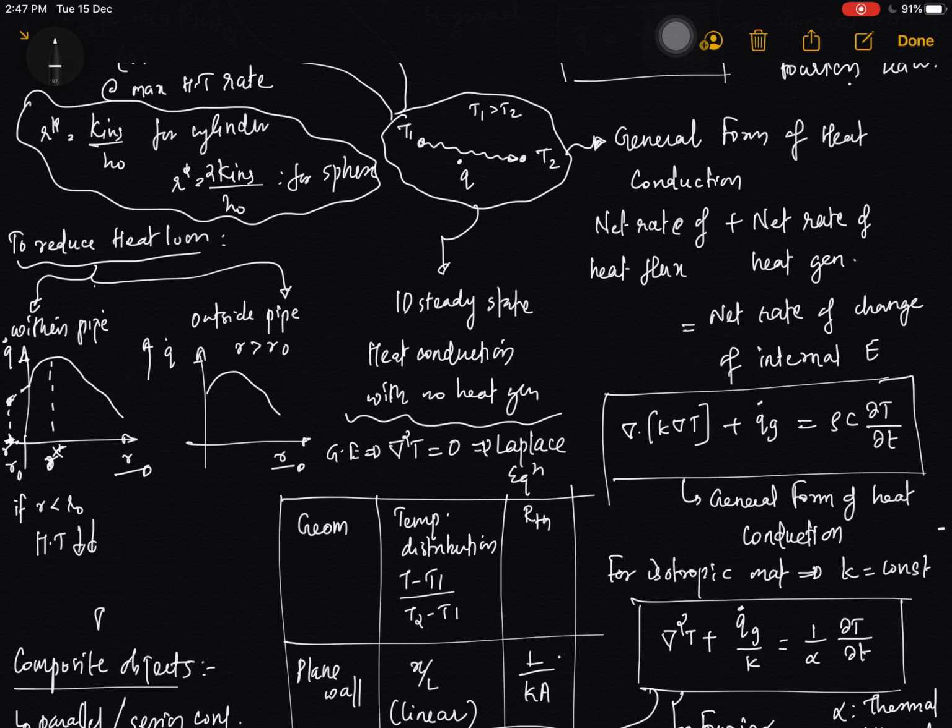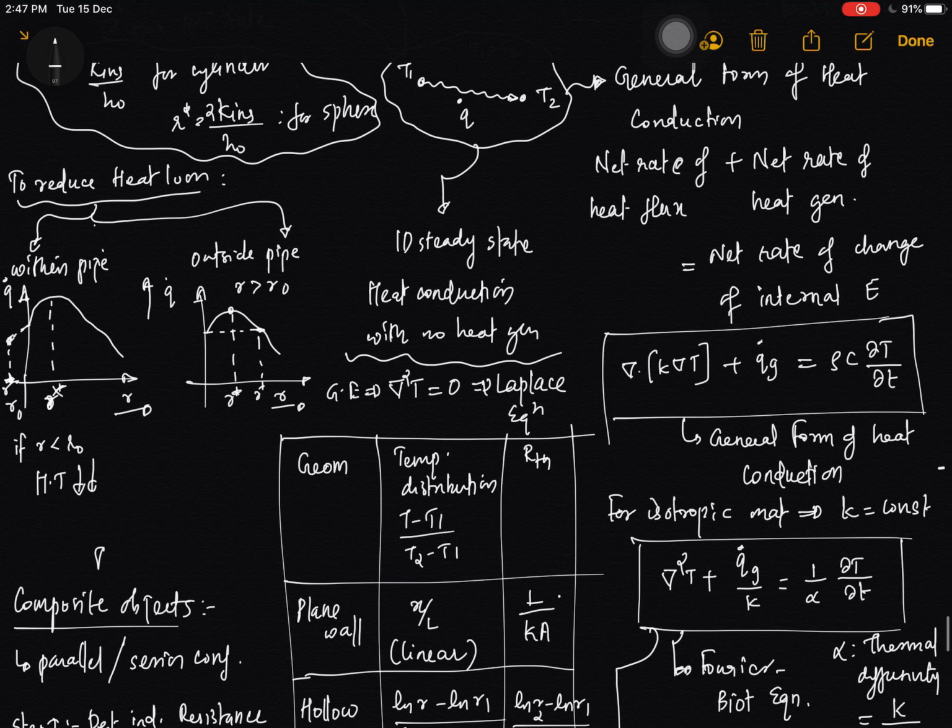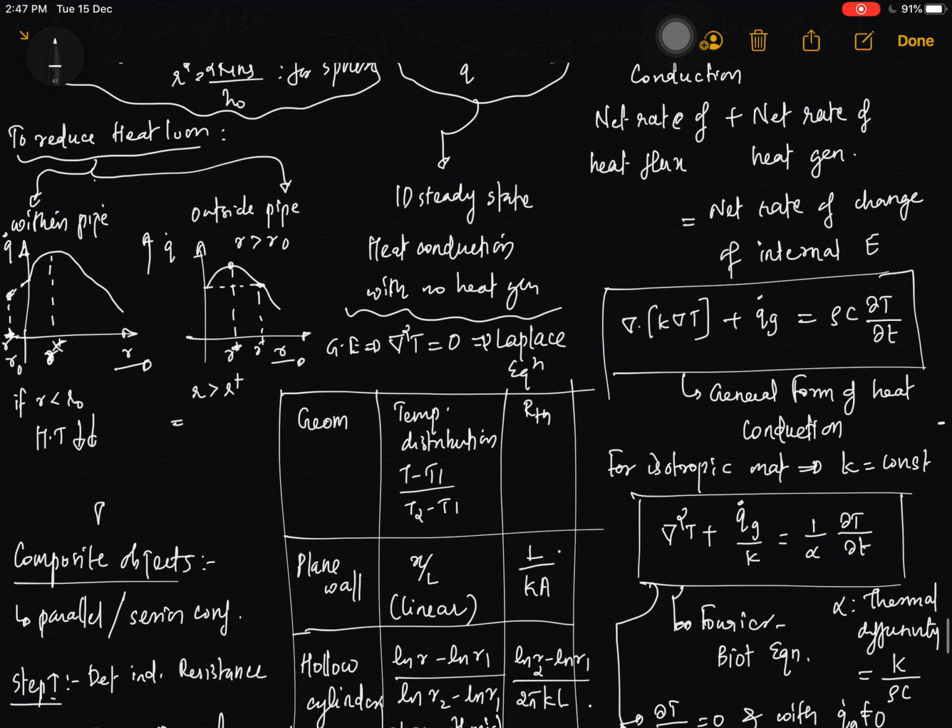And if we place the insulation outside the pipe, that is R greater than R_o, the graph will be like this: Q dot here, and R here, and this is the curve, with the maximum point at R star, and this is a particular point, R plus. To reduce the heat loss by providing insulation outside the pipe, we have to keep the radius of insulation greater than R plus.